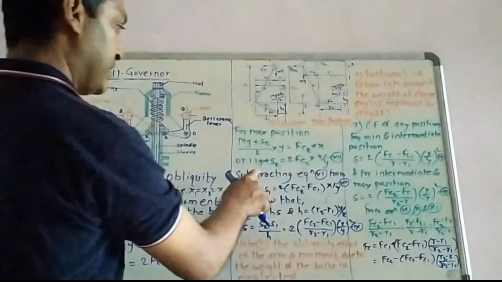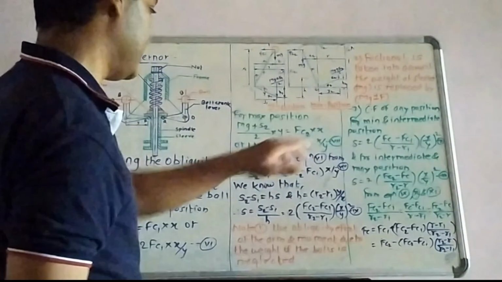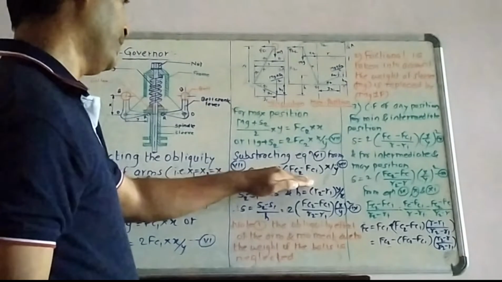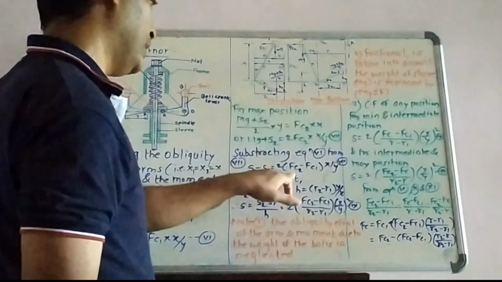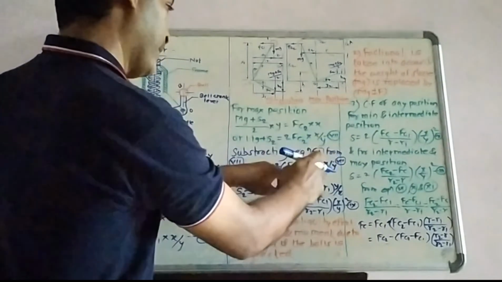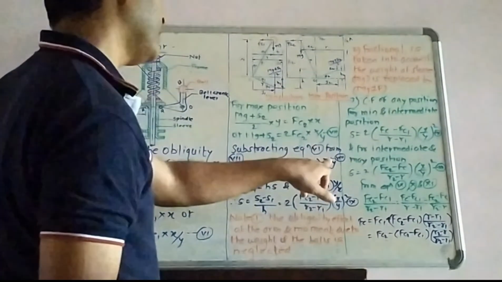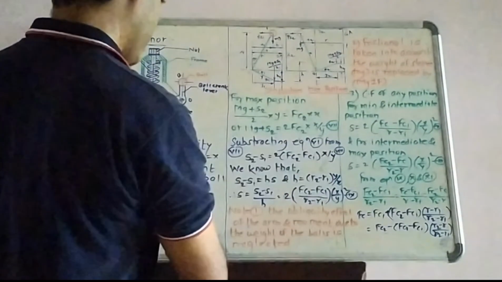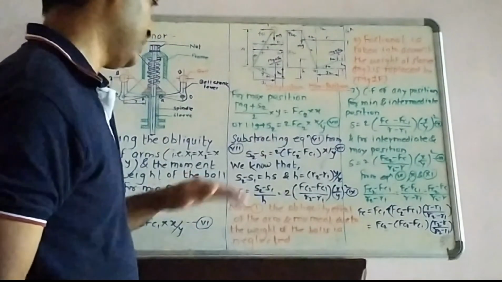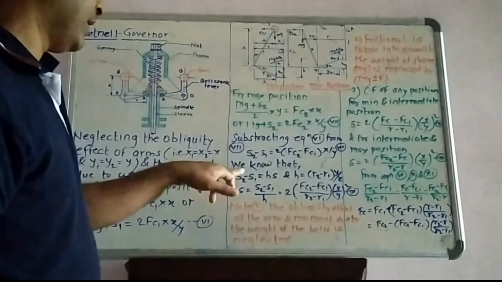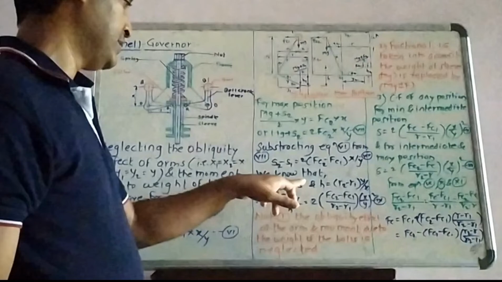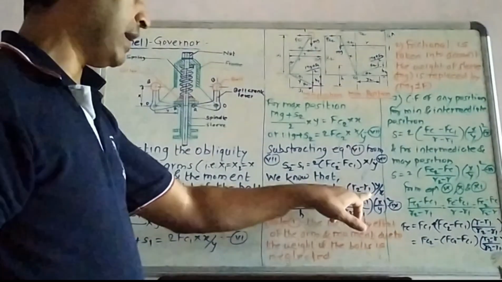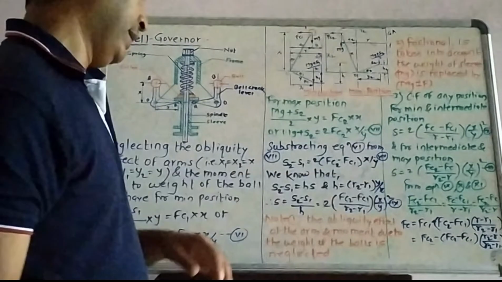Now in this case, subtracting equation number 6 from equation number 7, we can get s2 minus s1 equals 2 into (fc2 minus fc1) into x divided by y. If you look towards the right side of both the equations, we can get this relation. Now we know that s2 minus s1 is nothing but h into s, and h equals (r2 minus r1) into y divided by x.